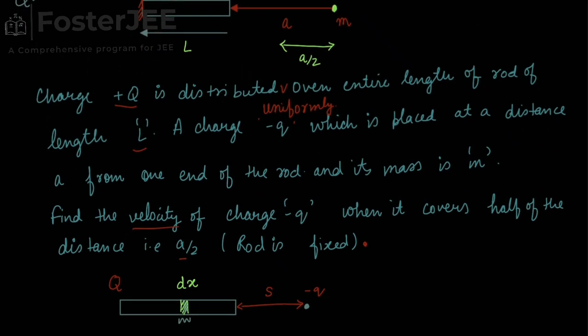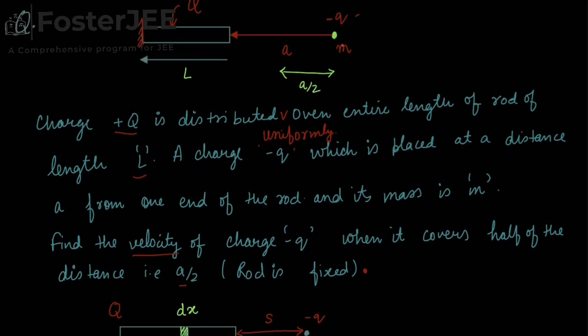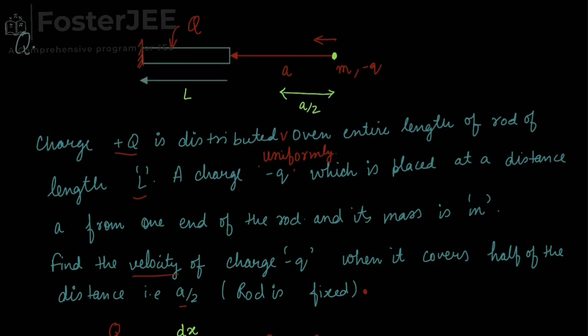Because initially the particle was here at this point, and it will start moving here, and the distance between this end of the rod and the particle will keep on decreasing. So let us suppose at any instant the distance becomes s and the particle is here.